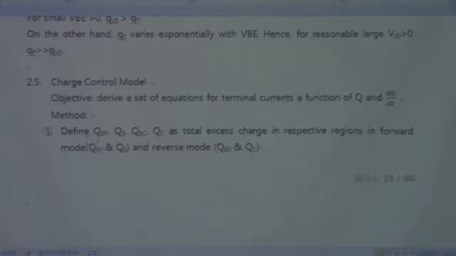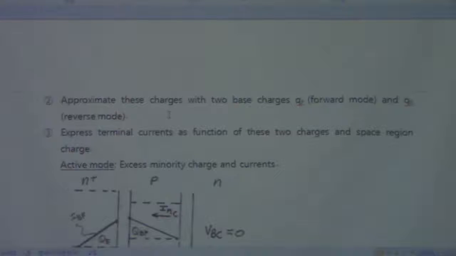First we define the charges: forward bias charges in the base and emitter, and reverse bias charges in the base and the collector, for the forward mode and the reverse mode. Then we approximate the charges with just two charges, QF and QR.